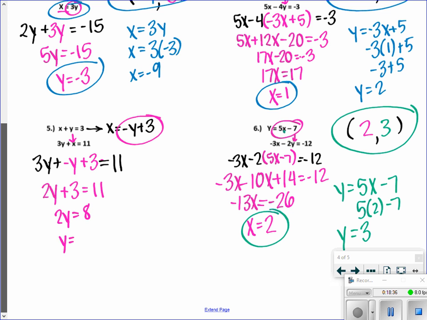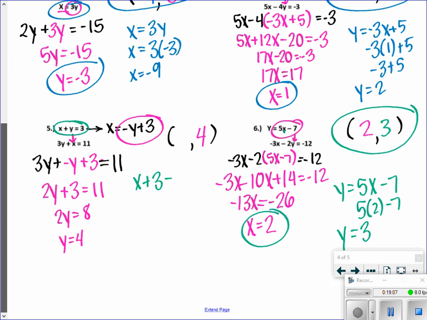Divide by 2. Real quick, how do you always write your answers? Ordered pair. Y is 4. What's the x value? Negative 1.